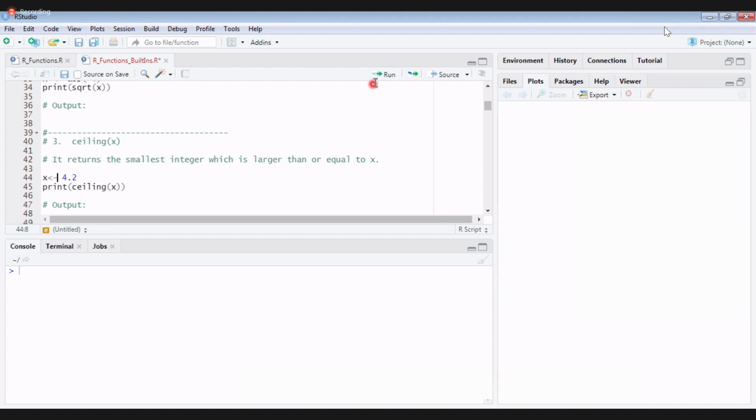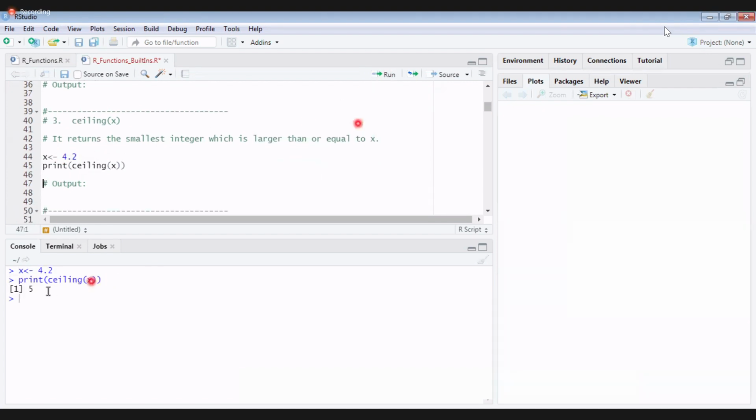The ceiling of 4.2 is what? 5. For the given number it is the next integer larger than that. We have ceiling and flooring. Flooring is down and ceiling is the upper value, it gives us the largest value.